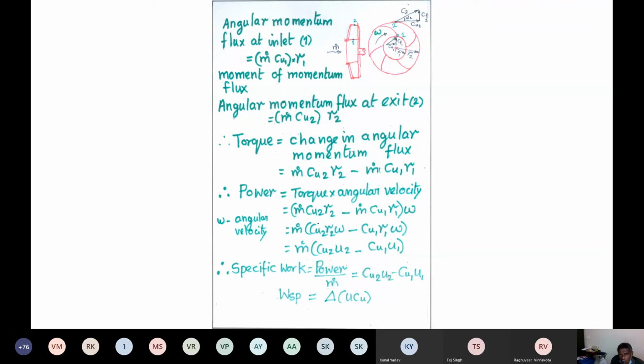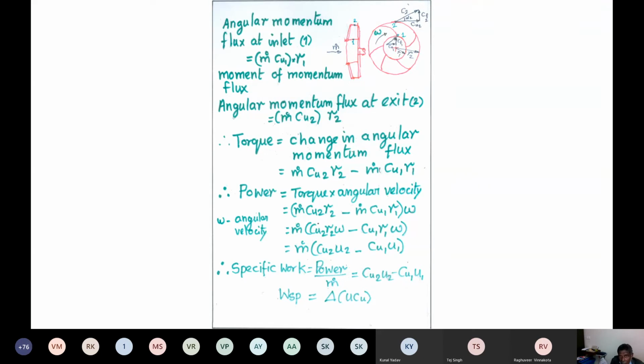M dot Cu1 is the momentum, and when I multiply by R1, it is moment. So moment of momentum flux, and it has to be the tangential momentum. See, I have not taken C2, it is Cu2, because torque is given by changes in the momentum in this direction only.